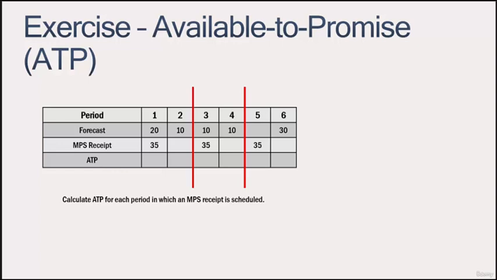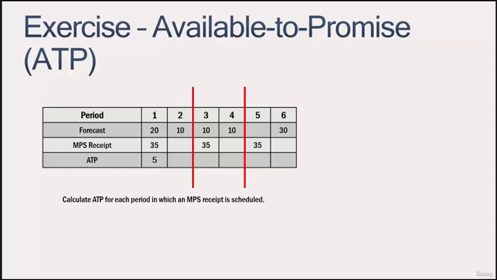So this is how the calculation works: 35 pieces MPS receipt in period 1, minus 20 pieces customer order for period 1, minus 10 pieces customer order for period 2 equals 5 pieces ATP in period 1. In the ATP line for period 1, put in 5. This means that in period 1, we'll have 5 pieces available to promise until the next MPS receipt in period 3.